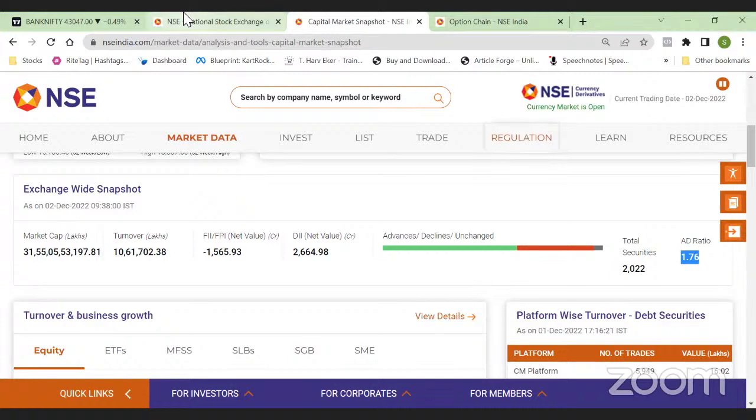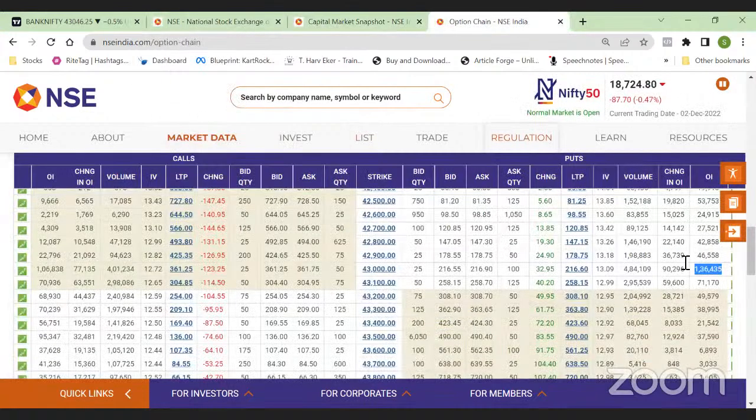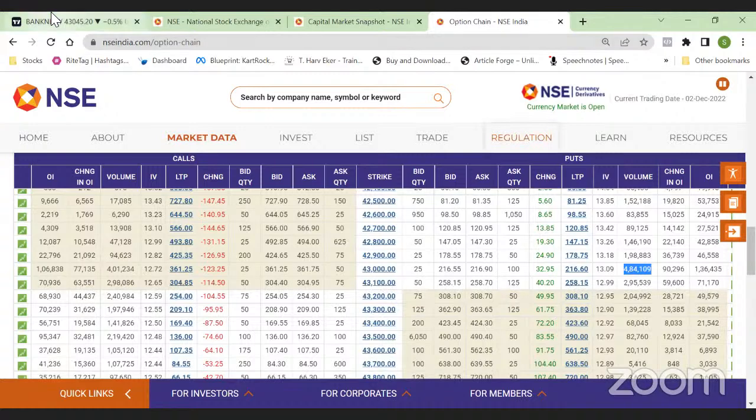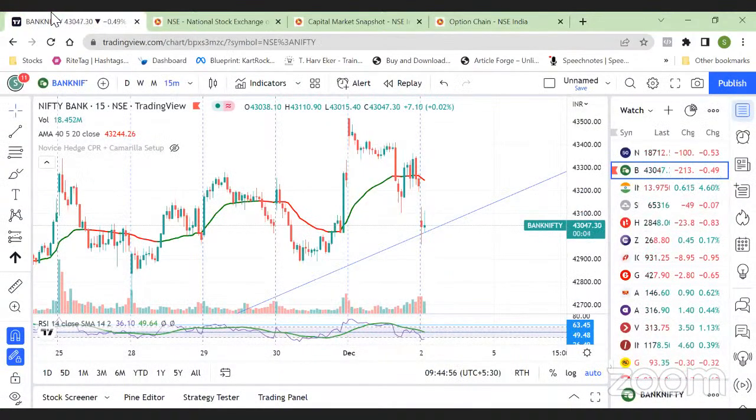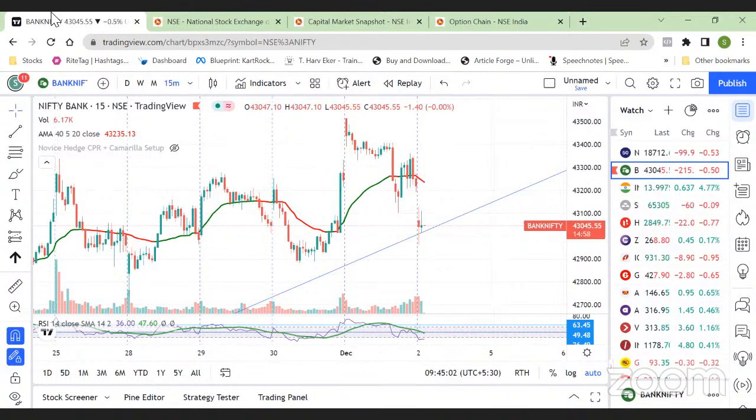If it is staying below 1, then probably something will happen. And here this also has to change. Highest volume data has to change. If that is not changing, then I don't think there is something very big happening. And since today is Friday, they may keep it very moderate. There is nothing big which may happen today.